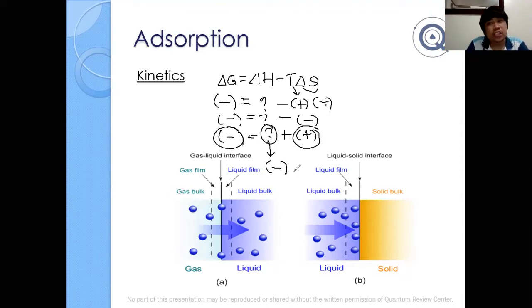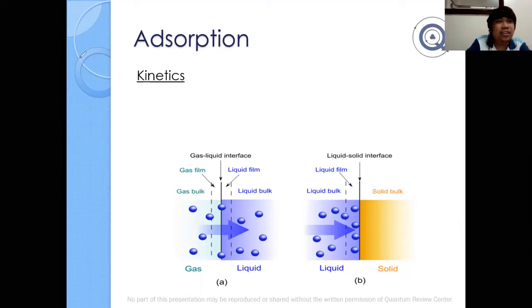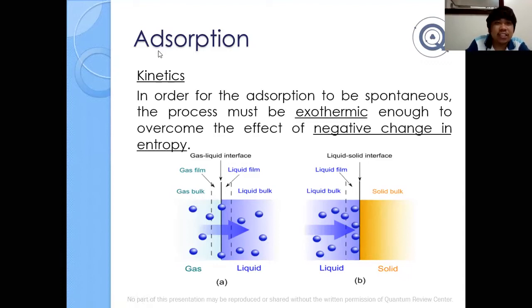Now, hindi lang siya dapat basta negative. This should be highly negative para ma-overcome ng enthalpy effect yung entropy effect in order for the adsorption to happen. So, therefore, let me emphasize again that your adsorption process should be highly exothermic. Meaning, kailangan mag-remove ng heat, or mas nangyayari ang adsorption process if you lower the temperature.